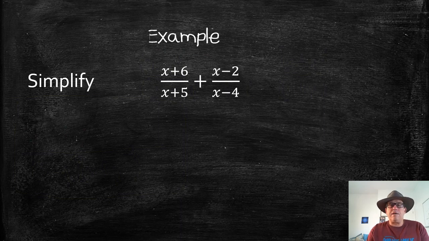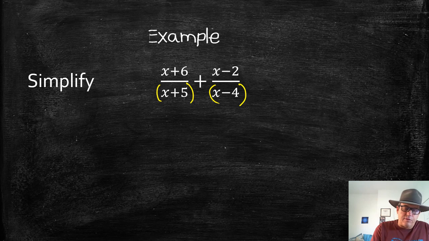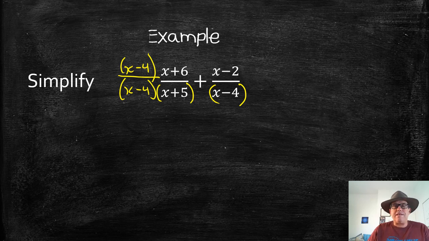Okay, here's another example. They're just going to get a little more work. Not harder, just a little more work to do. Again, different denominators. What do I need? I need a common denominator. So my common denominator is going to be multiplying those two together. So over here, I'm going to have x minus 4. Right, multiply it by the same thing.